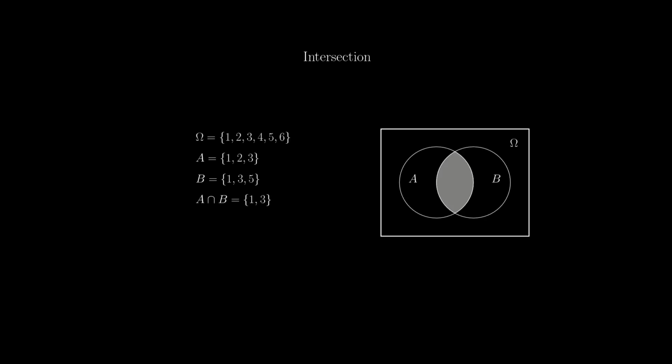For example, for a six-sided die, we can represent omega as a rectangle and events like areas within. If event A is the die is less than 4, and event B is the die is an odd value, we can represent the event the die is less than 4 and is an odd value as the intersection between A and B, which is the set 1, 3.